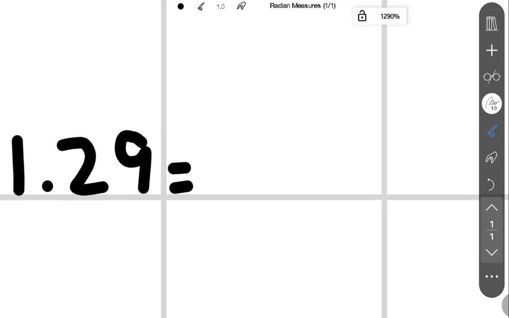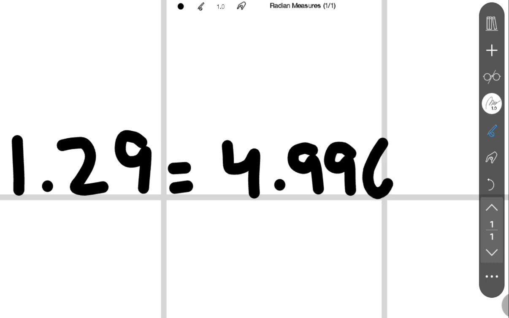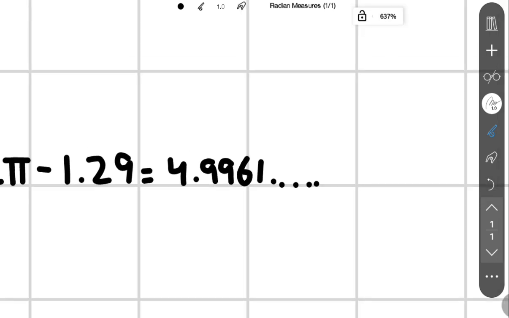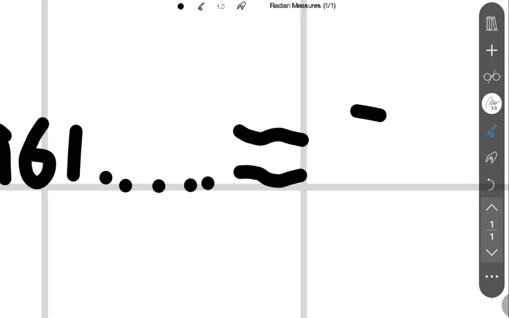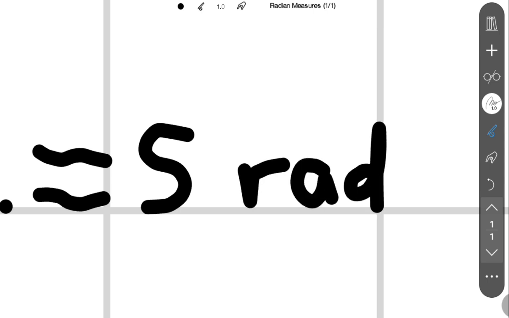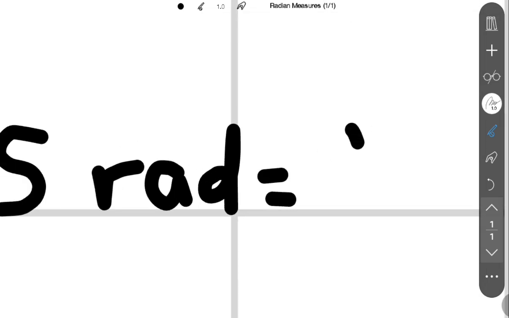So theta is approximately equal to 4.9961, and then many other values after that. And to be honest, I'll just round it up to 5, just for the sake of simplicity of calculating. Please don't do that in the exam. Please use the actual values you get from the calculator. I just want to show you how to do it. So this is equal to 5 radians, and that's equal to theta.